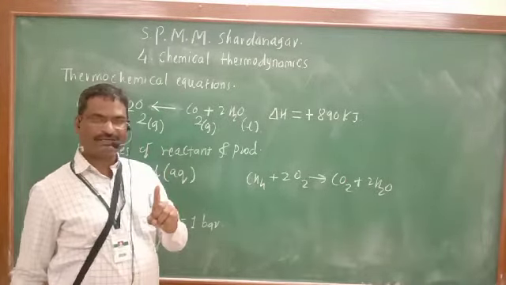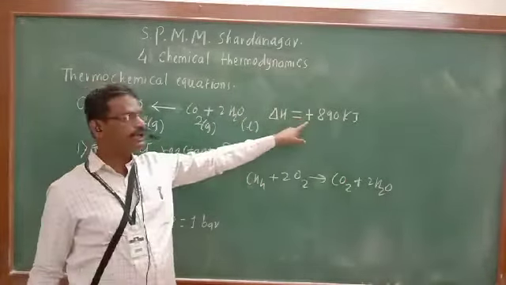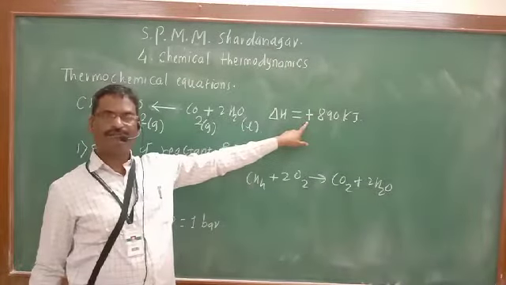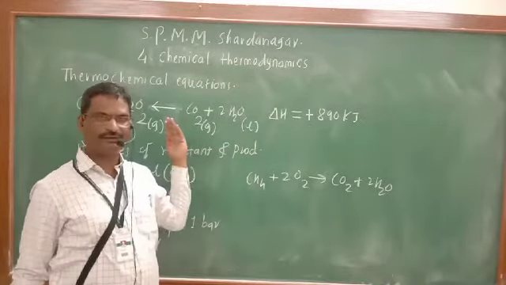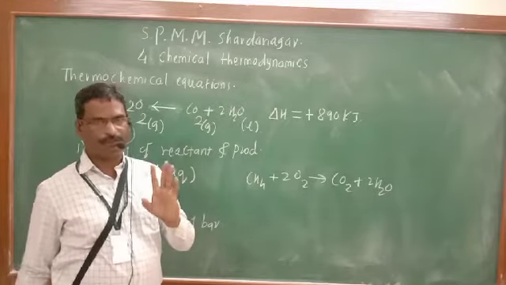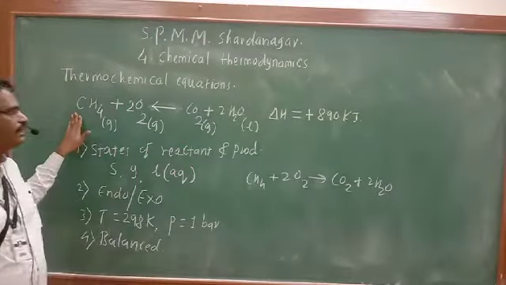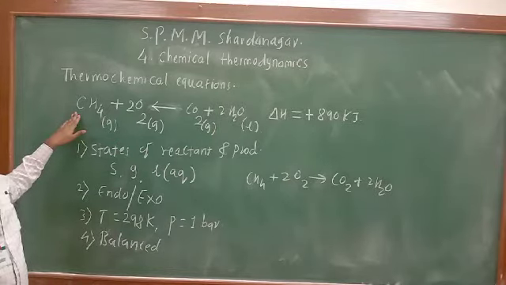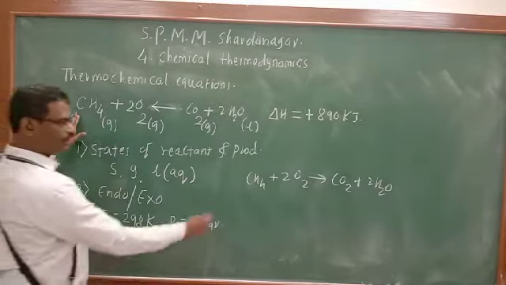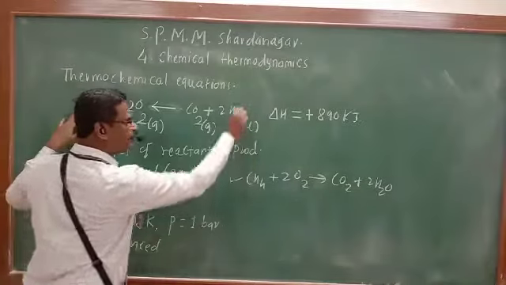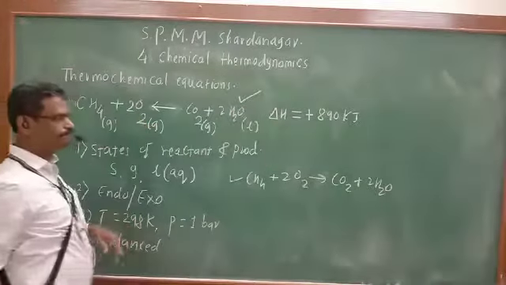For the forward reaction, if delta H is negative, then for the backward reaction delta H is positive, and such an equation is known as a thermochemical equation.